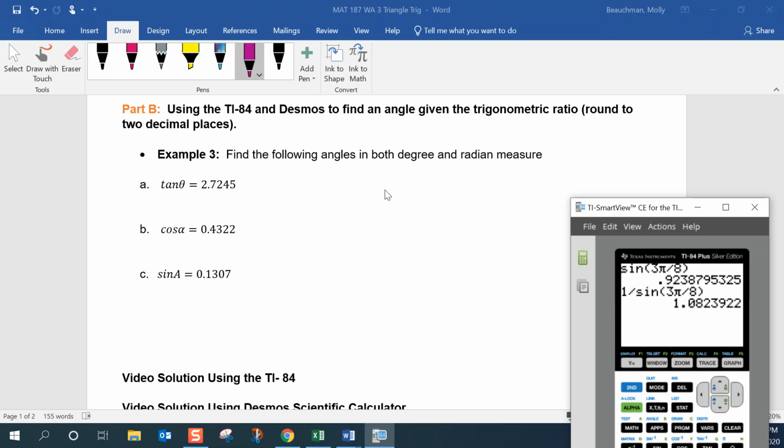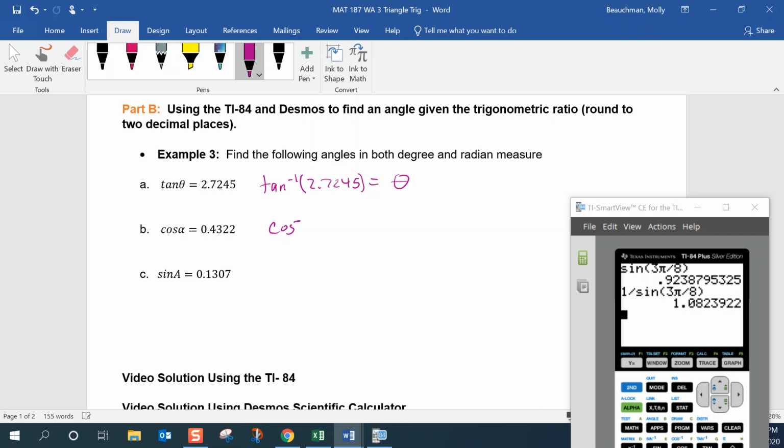So on the calculator, that's what the inverse tangent button is for. So we're going to write inverse tangent of 2.7245. And that's going to give us the angle measure. For cosine, we're going to take the inverse cosine of both sides.